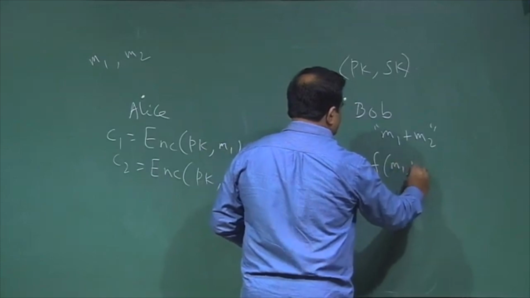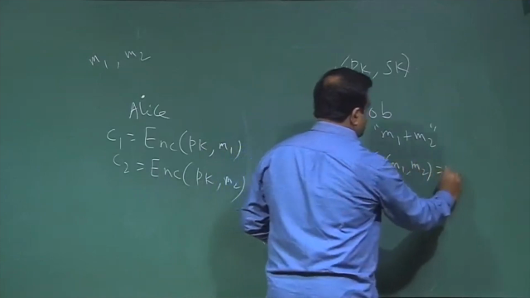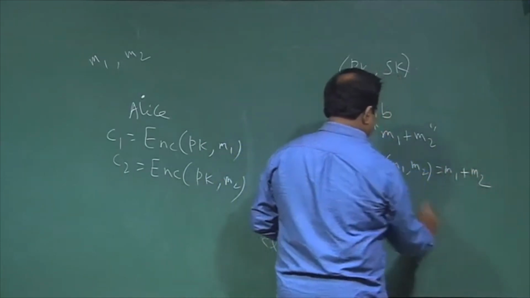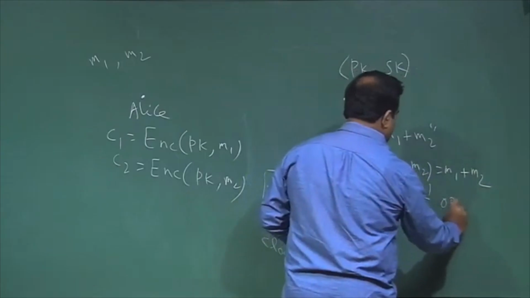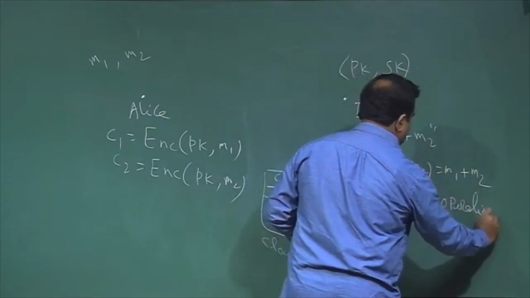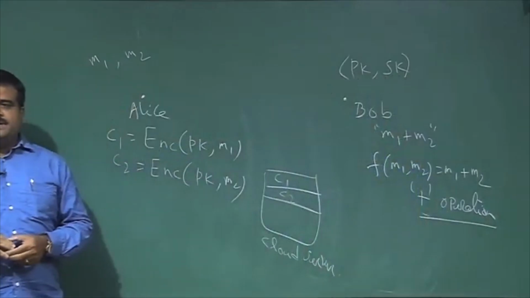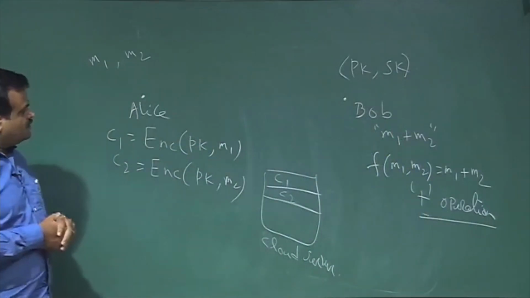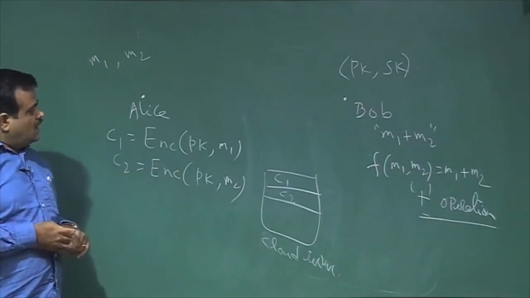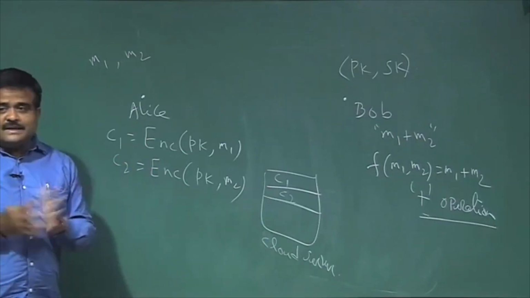F of M1, M2 is basically M1 plus M2, so a plus operation. So Bob is looking for M1 plus M2.